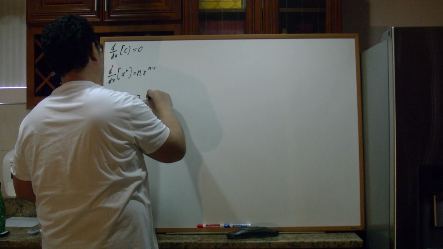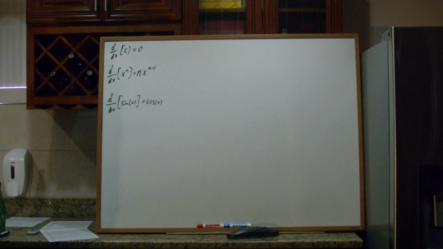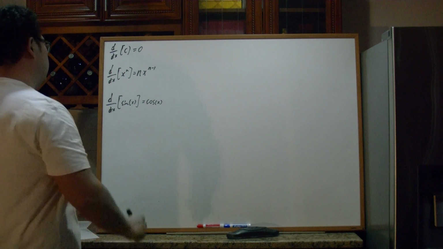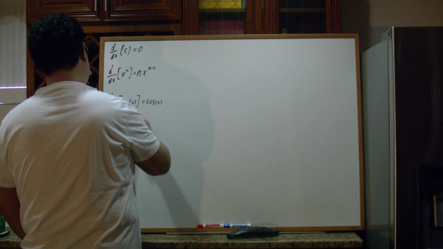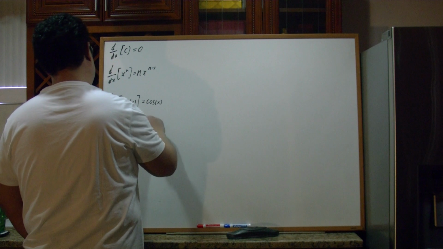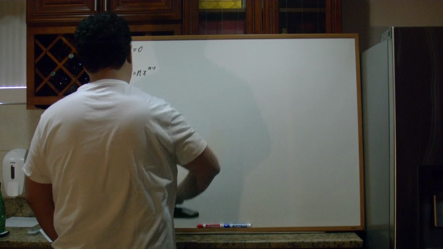And for the trigonometric functions, sine x has derivative of cosine x, cosine x has derivative of negative sine x. But be careful with the negative sign.